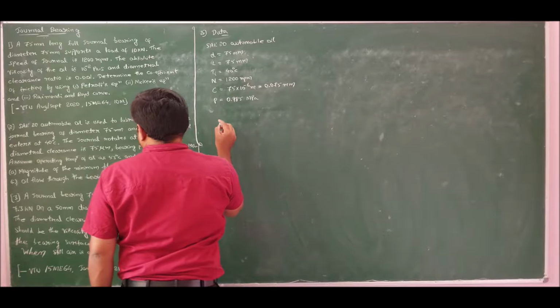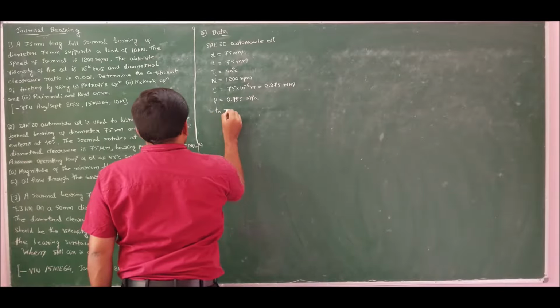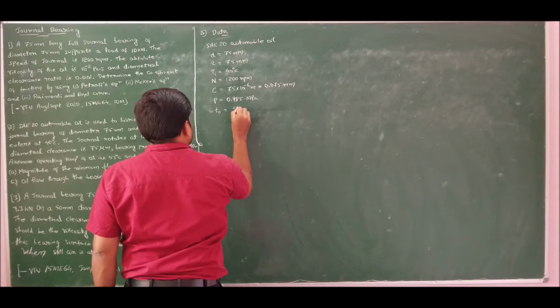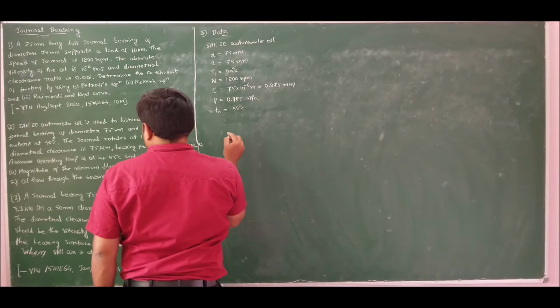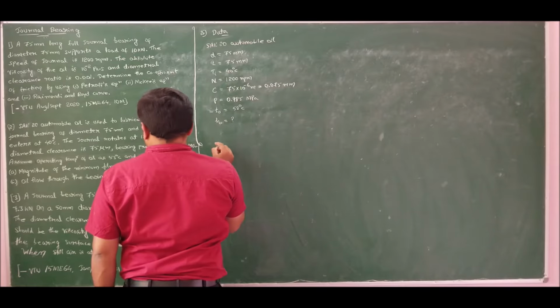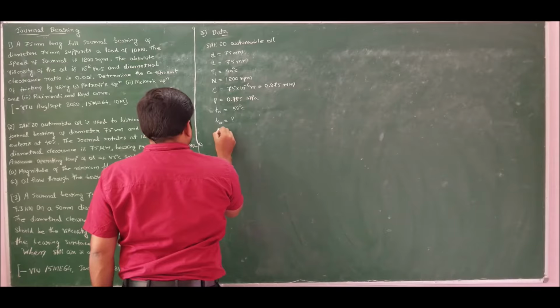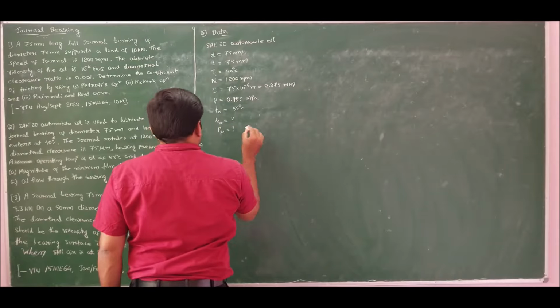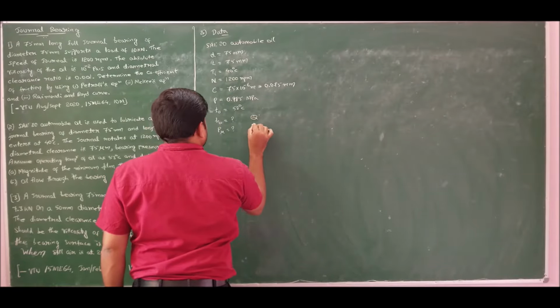Assume operating temperature TO as 53 degrees Celsius. Calculate the magnitude of minimum film thickness H0, that is h minimum, power loss due to friction, oil flow Q, and leakage.